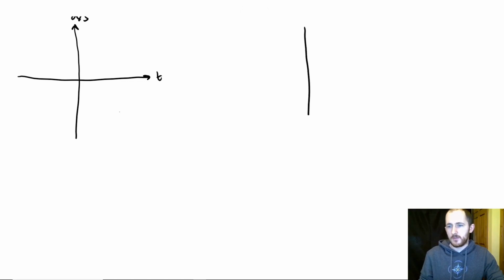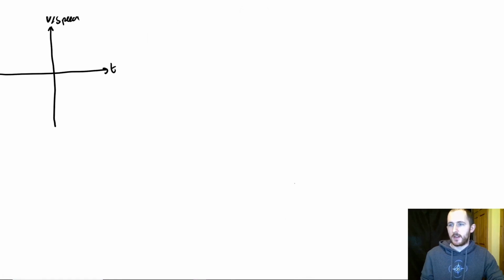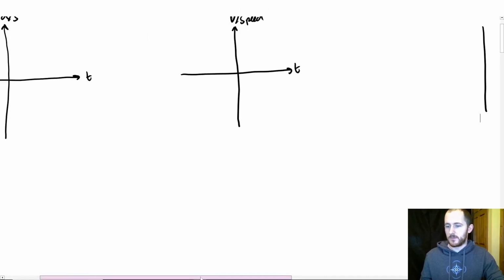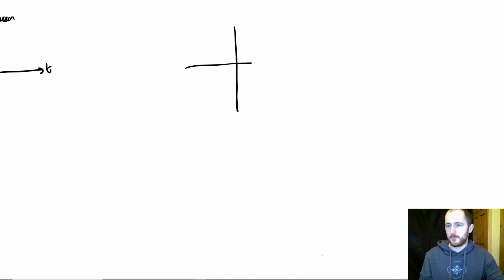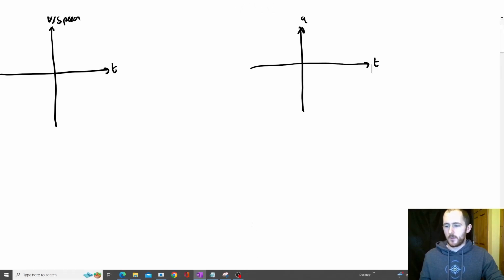You also have your classic velocity or speed and time. And then last but definitely not least, we have the acceleration time graphs. Okay. And these are, again, super important. Acceleration and time.